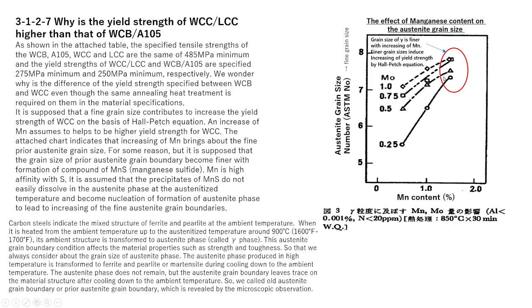The horizontal axis indicates the manganese content, and the vertical axis indicates the austenite grain size number, called the ASTM number. As the ASTM number increases, the grain size becomes fine.